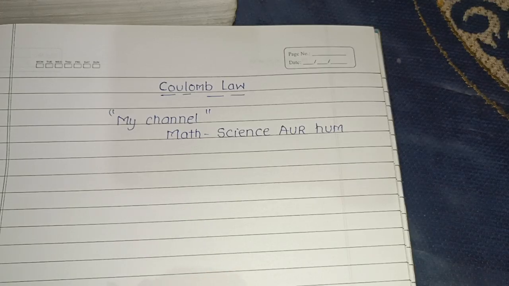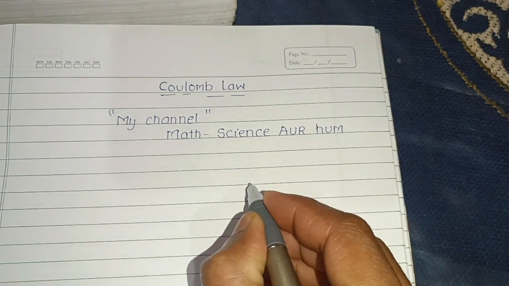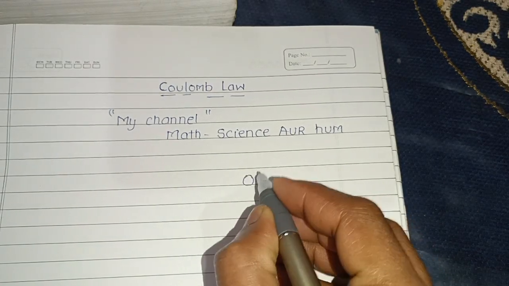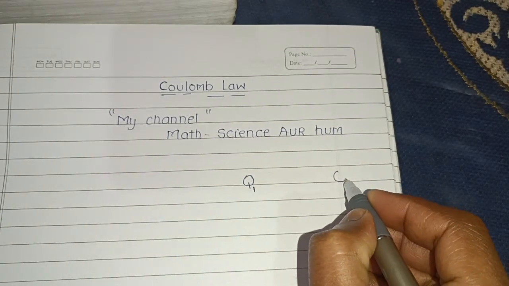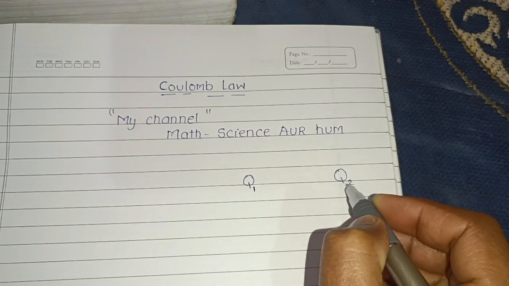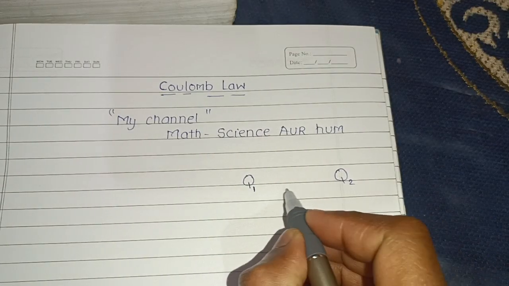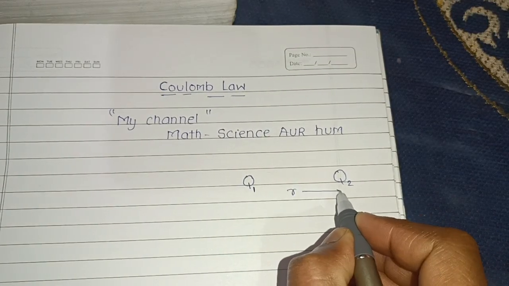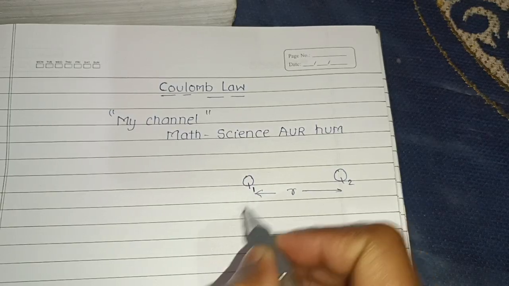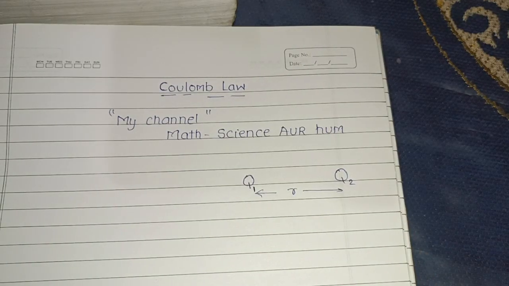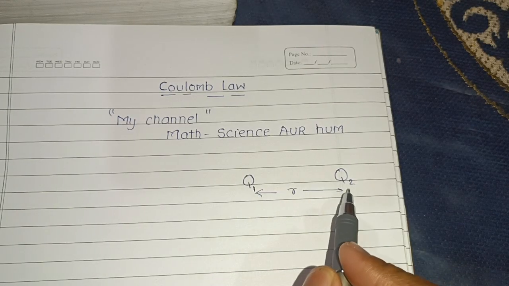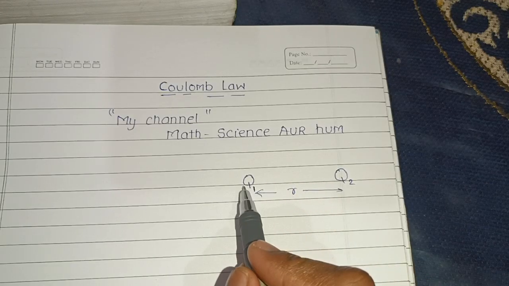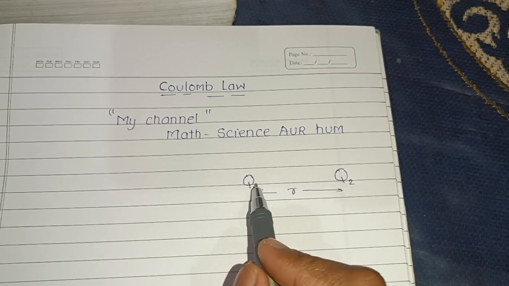There are two charges, Q1 and Q2, and the distance between Q1 and Q2 is R. According to Coulomb's law, there will be a force between these charges.